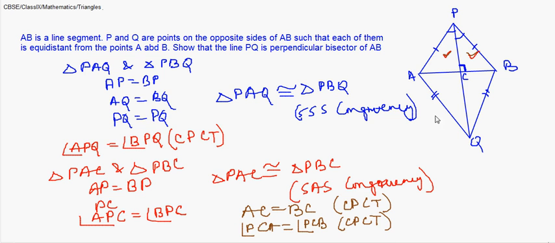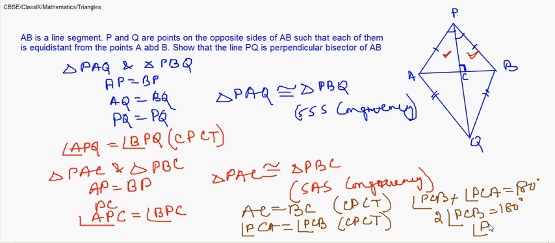Now in the figure, angle PCB plus angle PCA also makes 180 degrees. So if I substitute PCA with PCB, I am getting 2 angle PCB as 180 degrees. So angle PCB will be 180 by 2, that is 90 degrees.